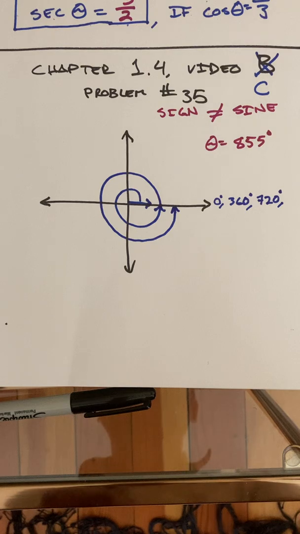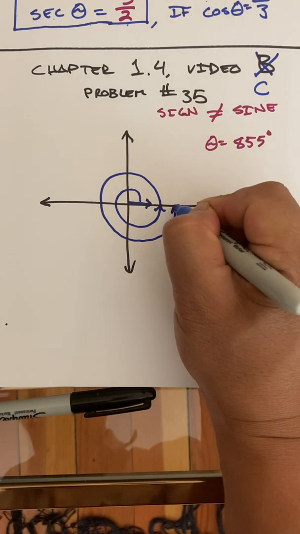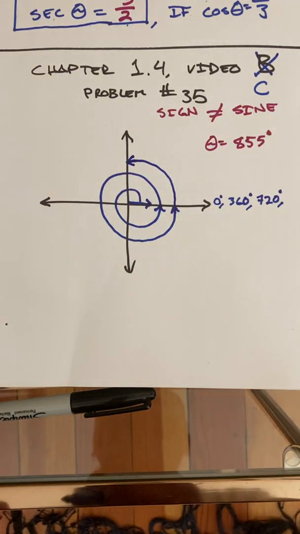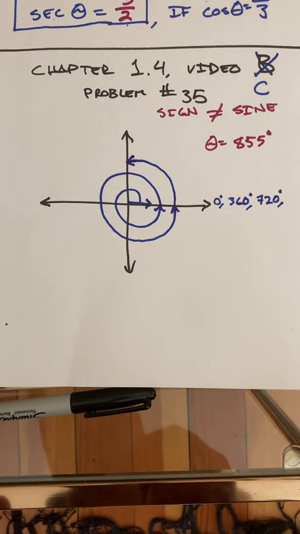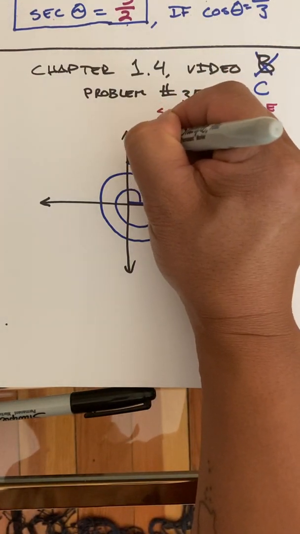Now, we're getting close to 855, so I'm going to slow down a little bit. Okay? Let me add another 90 degrees to this. So when we get to this point, 720 plus 90 is 810 degrees.